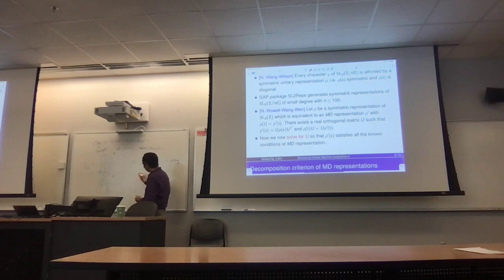Now if you commute, it also commutes with rho(T). So that means if you look at the distinct eigenvalues of rho(T), then each of them will give you a block, so U will be of this form in block form if you collect them together.